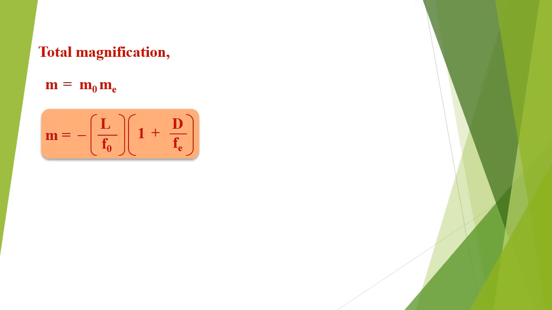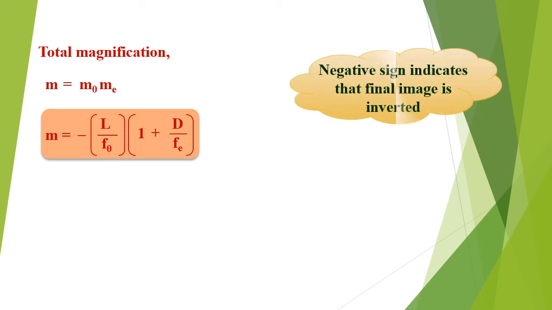So remember, students, they are not going to ask the question to obtain an expression for magnification, but they are asking only to write the expression for magnification in the examination. You need to memorize this last point of this particular derivation. So net magnification is the product, and this is the value of magnification in the case of a compound microscope when the image is formed at the near point or least distance of distinct vision.